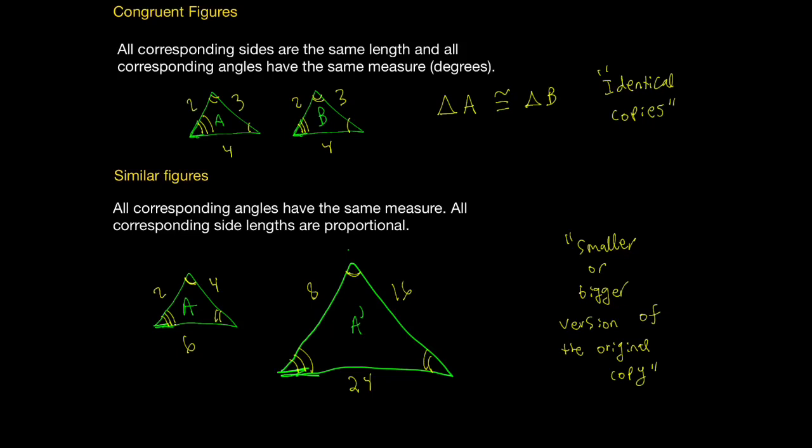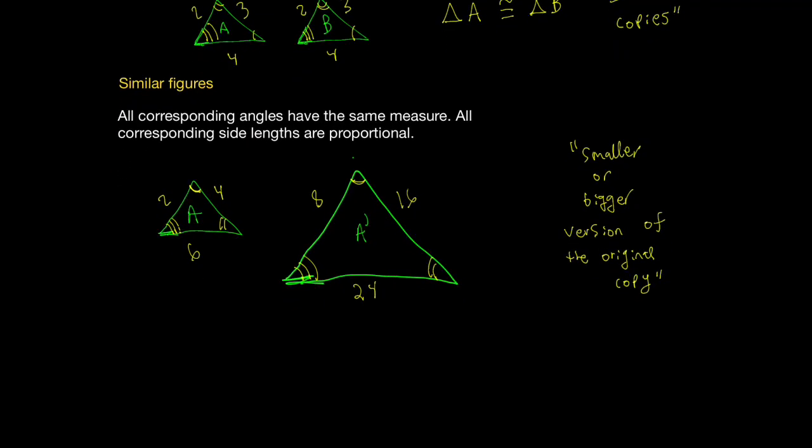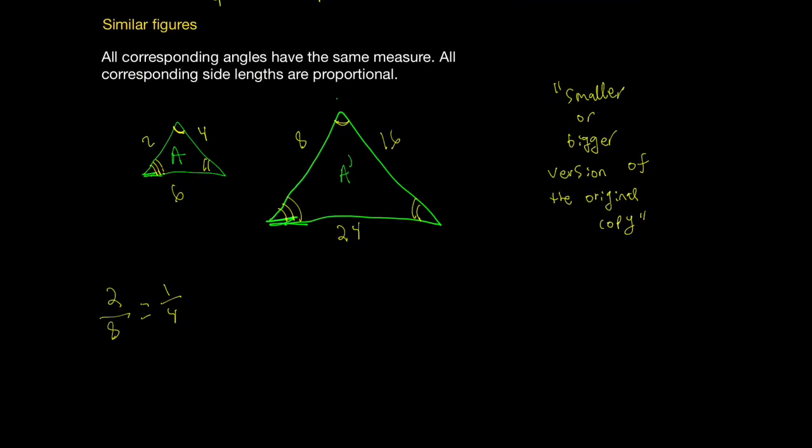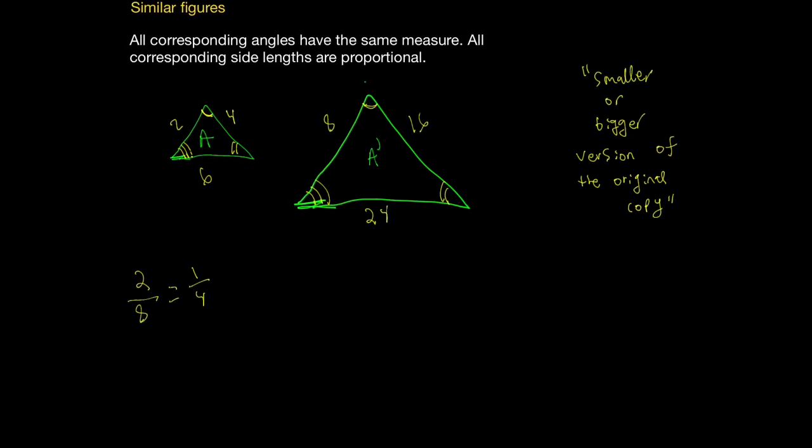We can clearly see without doing too much work that the angles are congruent, right? Corresponding angles are congruent. And then to see that the side lengths are proportional, we get corresponding lengths and begin creating ratios. So 2 over 8, and here we get 1/4 as the scaling factor.